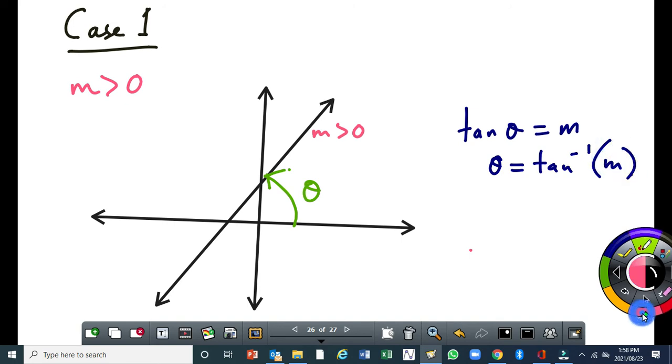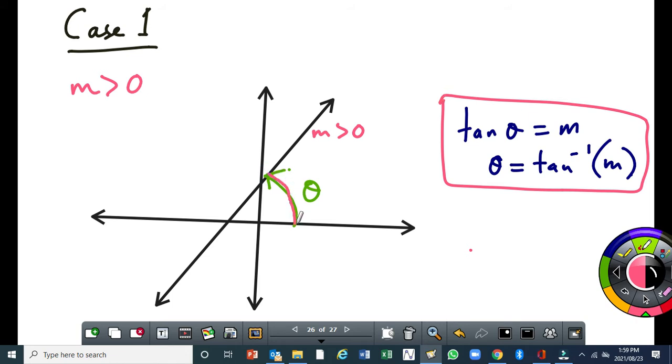You can memorize it like that, and I prefer the first one though. If you want to calculate this angle, you use the first formula, tan theta equals m. To calculate theta, it becomes theta equals shift tan of m.